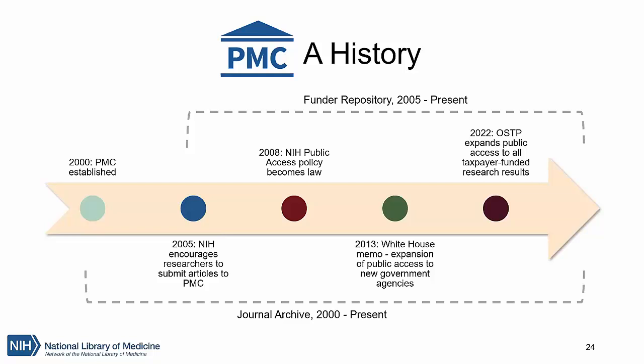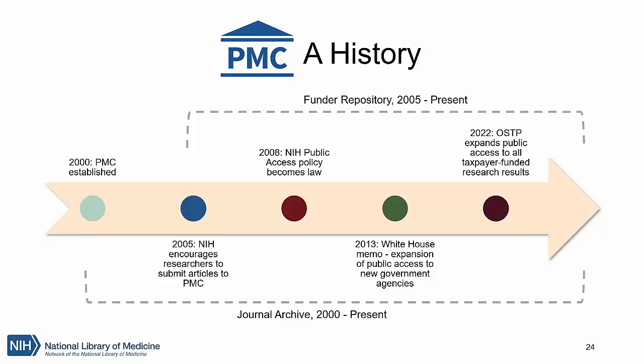Since that time, public access has continued to evolve, first becoming mandatory at NIH in 2008, and then in 2013 expanding to cover all of the large research funders in the US government. As I mentioned earlier, it expanded again in August 2022, and all federal agencies must make taxpayer-funded publications and research available by the end of 2025.